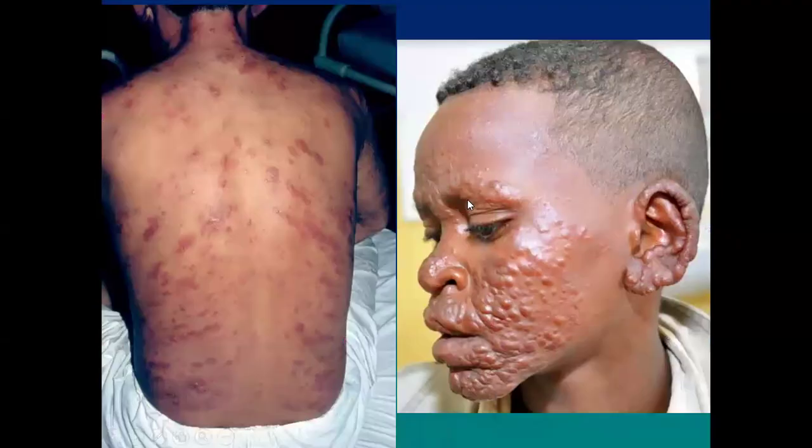This is a condition in which you see infiltrated papules and nodules on the trunk as well as the face. This is beyond any doubt lepromatous leprosy. Lepromatous leprosy would heal with lots of hypopigmentation as well as atrophic scarring.